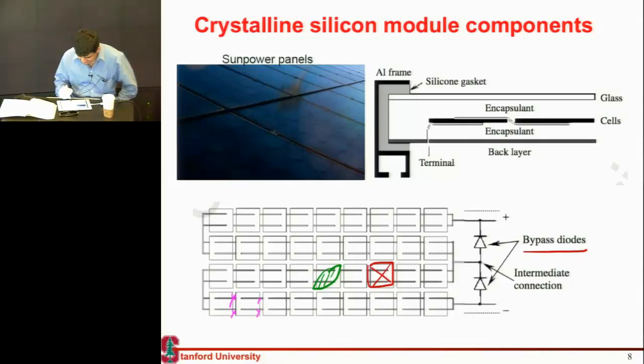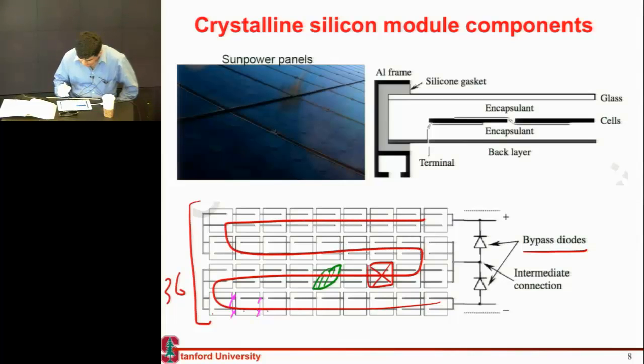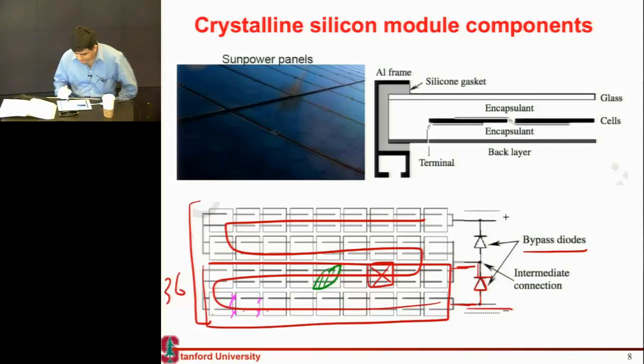So let's say in this case you have 36 cells over here, connected in series like this. After every 18 cells, you connect a bypass diode over here. If the voltage across this cell shoots up very high, or there's some problem in this part of the panel, this bypass diode would take over, and if the voltage across these cells is higher, or one of them is disconnected, the current can now flow through this bypass diode.